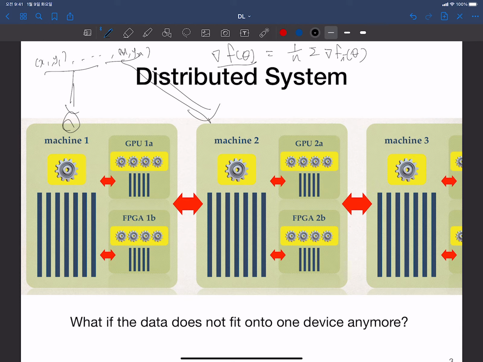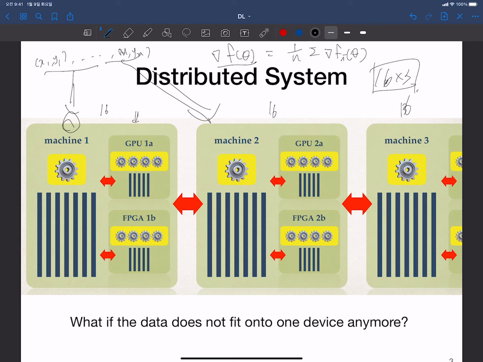Okay, so for instance, when we estimate the full batch gradient using 16 data points at each of machine 1, machine 2, and machine 3, we can estimate the gradient using 16 times 3 data points.